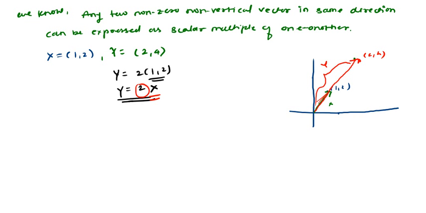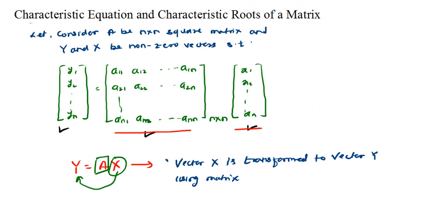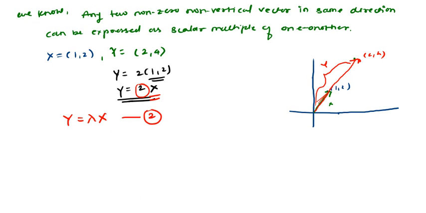In general, I can write y as some scalar multiple lambda of the vector x if x and y are both in the same direction and non-vertical vectors. This is our equation number 2, and whatever we got before is equation number 1.